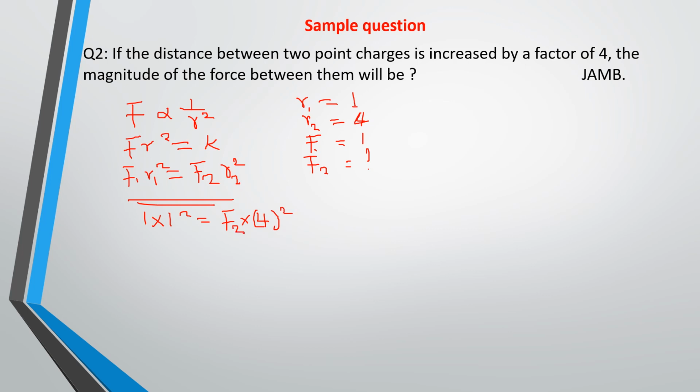Okay, so F2 will be equal to 1 all over 4 raised to power 2, which is equal to 1 all over 16. So the magnitude of the force between them will be 1 all over 16, because that is what you are asked to look for.